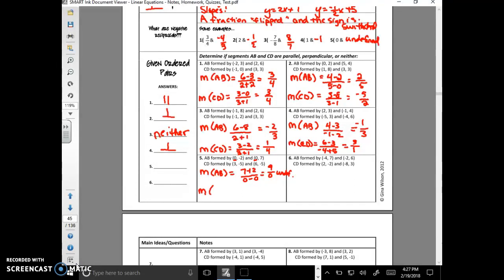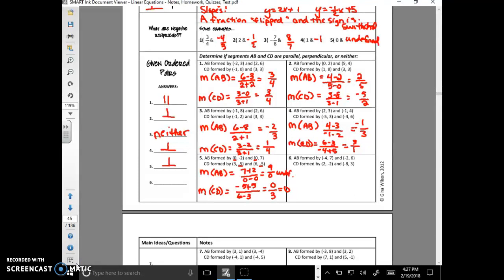And the slope of CD is negative 5 plus 5 over 6 minus 3, so that gives us 0 divided by 3. So again, this is a y equals, a horizontal line, which is a 0 slope. And so basically they're going to be perpendicular.